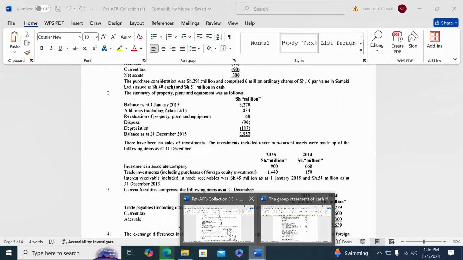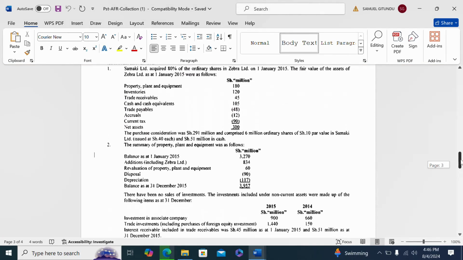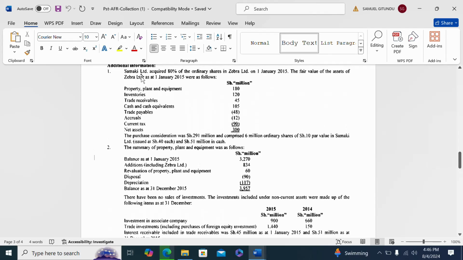So we come to the question and check. The amount of cash that was from the subsidiary, this is cash and cash equivalent, was 105 million.